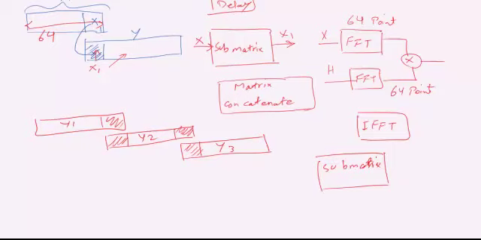Finally, the last block that you need is the unbuffer block. The role of the unbuffer block is, you remember that you were breaking the whole sequence into smaller blocks.